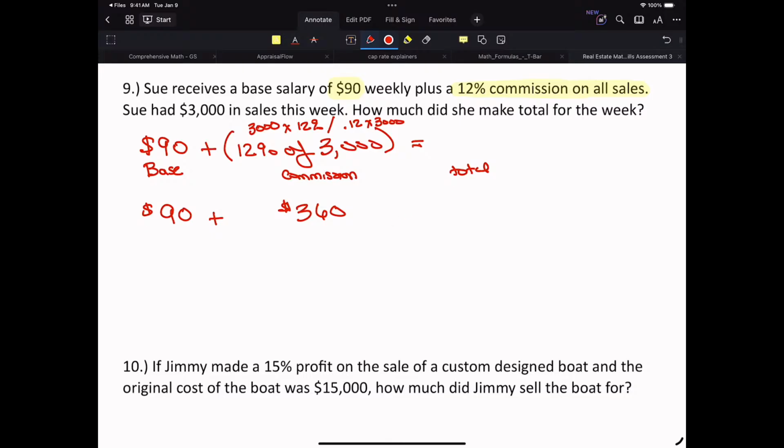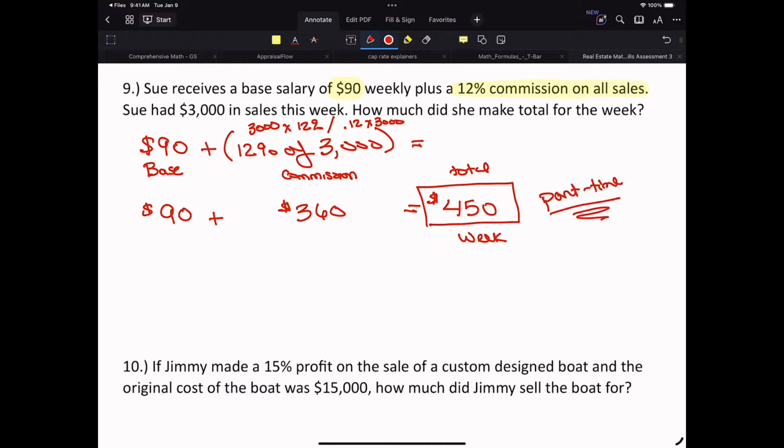I hope she's part-time because ain't nobody living off this little bit of money. So 90 plus 360, that's going to give me, what is that, 450? Woohoo. She made $450 this week.